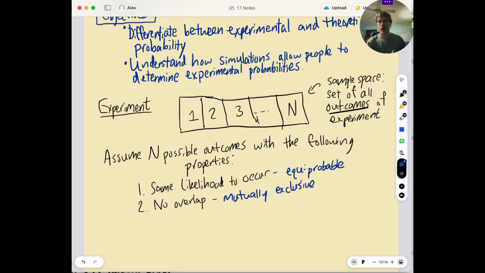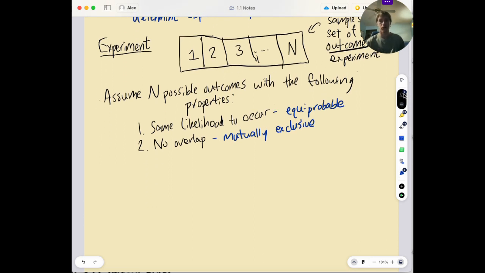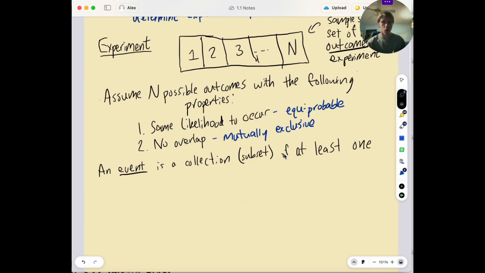Now that we have all that terminology out of the way, we can define an event. An event is a collection, or more specifically, a subset of at least one outcome in the sample space.